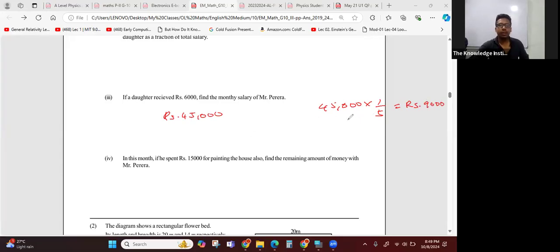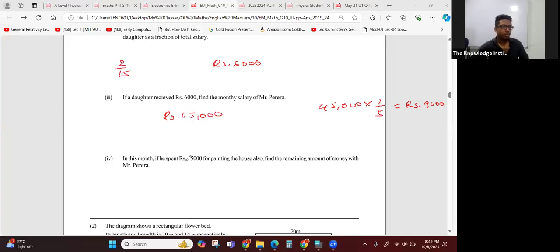And also we know for a daughter's education, 6,000 rupees, which as a fraction is 2 out of 15.